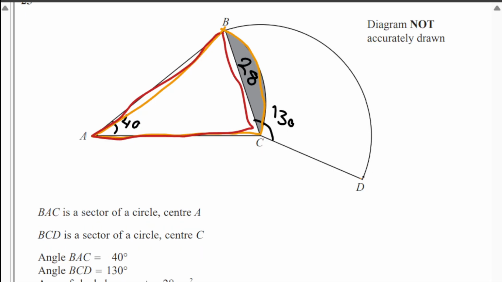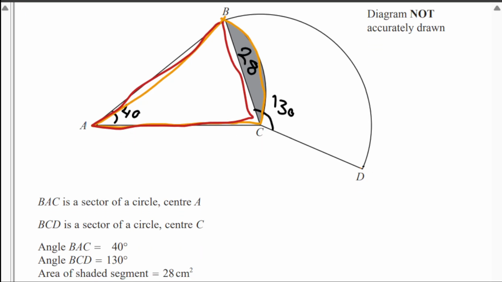The area of the sector is pi r squared, the area of the circle, times the angle divided by 360. If we do this, this gives us the orange shaded area. Now if we do this minus the area of the triangle, we get the shaded area, which is 28.